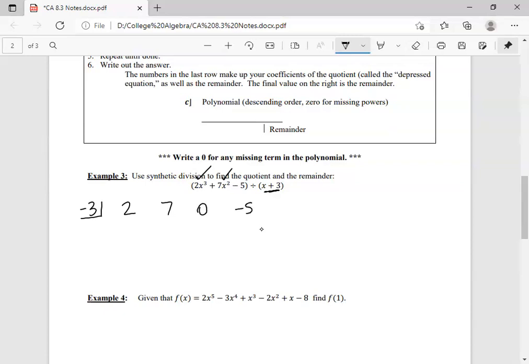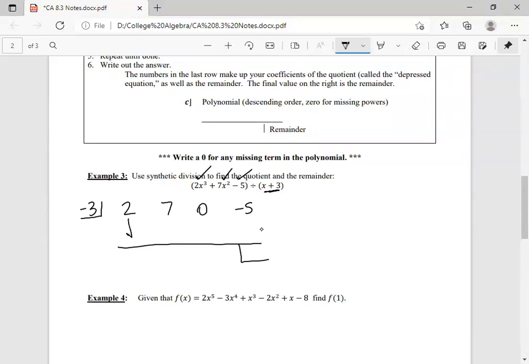Then I can put the -5. I put that 0 there because I needed an x to the first, so they would go in order. Is everybody okay with that? Draw this line right here. When I get done, this last term in this little box, that's going to be my remainder. Okay, so anybody have questions about how we set that part up?